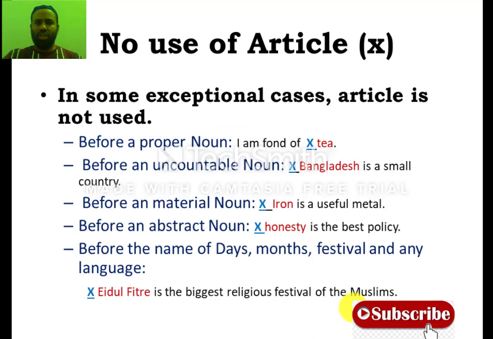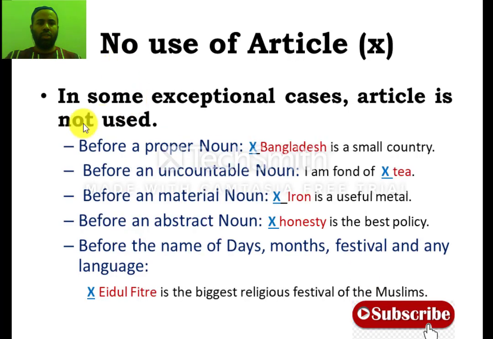Now, my dear students, very important topics where you should not use any article. That means cross. No article will be used there. In some exceptional cases, dear student, article is not used. For example, before a proper noun. Bangladesh is a small country. Here Bangladesh is a proper noun.